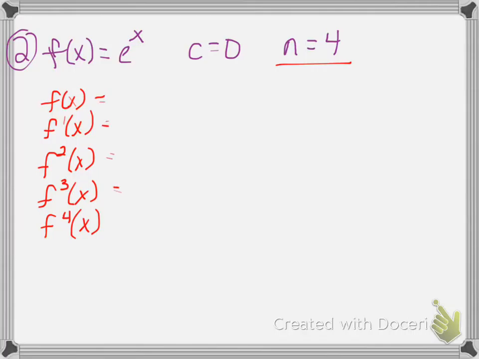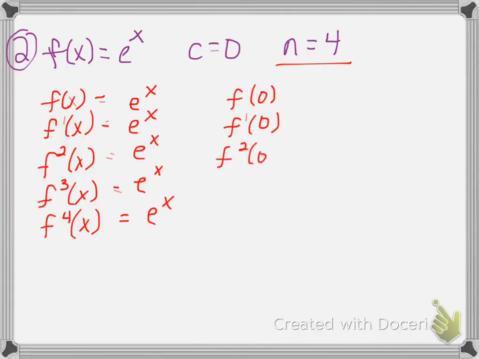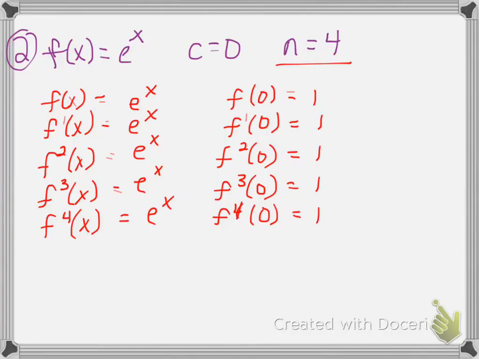So I know all of these derivatives are e to the x. It will not always be that way. Then I evaluate everything at the c value. If I plug in 0 into everything, I get 1.